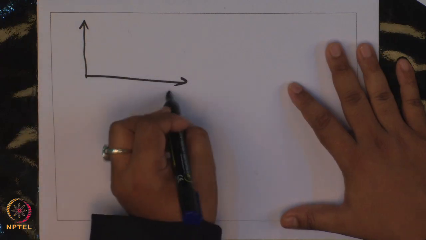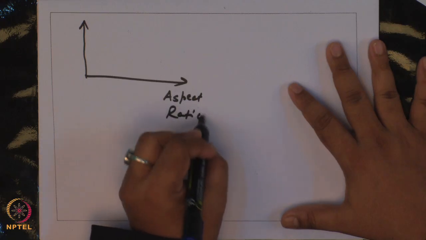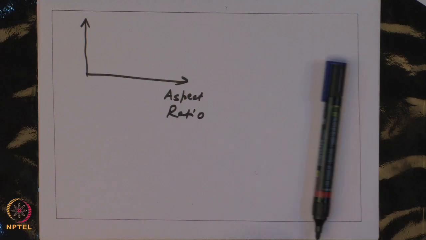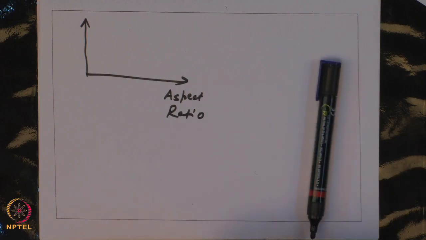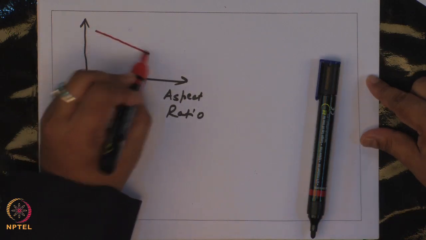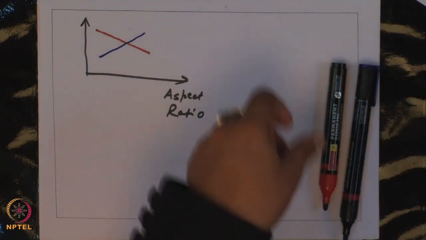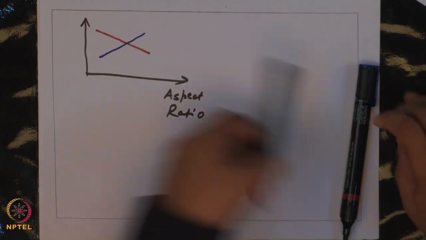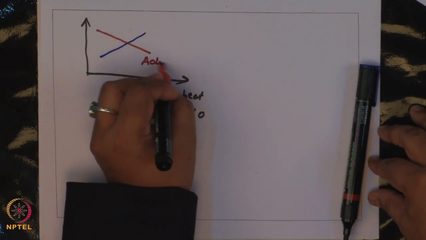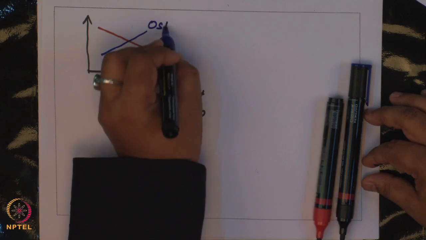What the authors observed was, if I plot it as a function of aspect ratio on the rectangles, at lower aspect ratio you had a mixed fate. So, this is adipogenic differentiation and this is osteogenic differentiation.